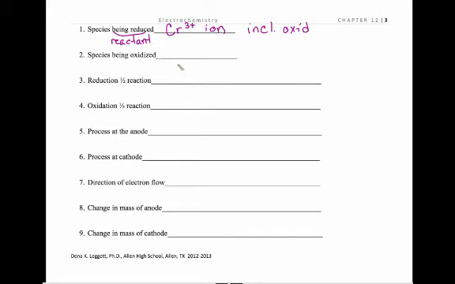Okay? The species being oxidized was the lead. Be specific. Say lead solid or lead 0, the lead atom. Somehow be very, very clear what you're doing. And again, it has to be a reactant. Something is happening to it. Our reduction half reaction was chromium 3+ plus 3 electrons yielded chromium solid.